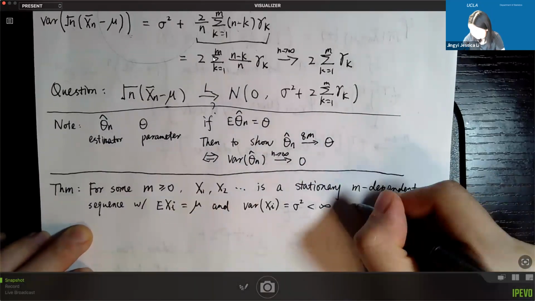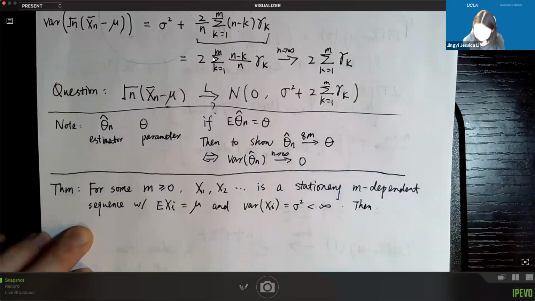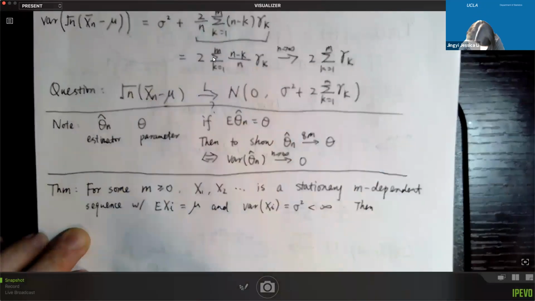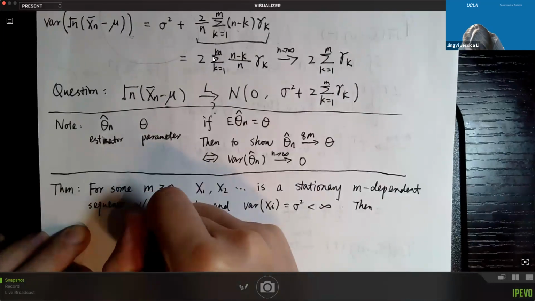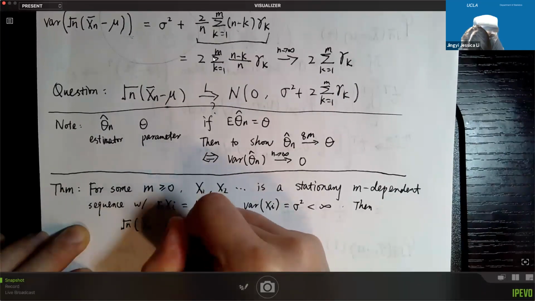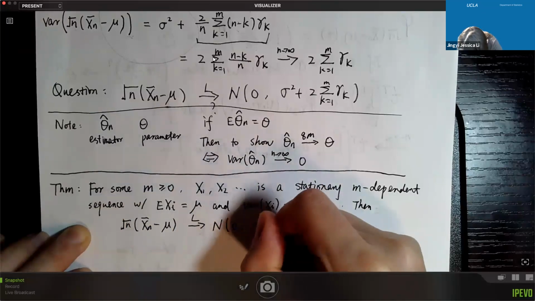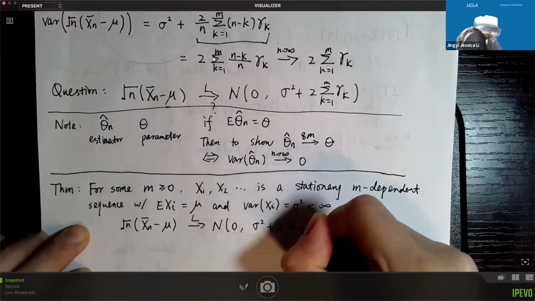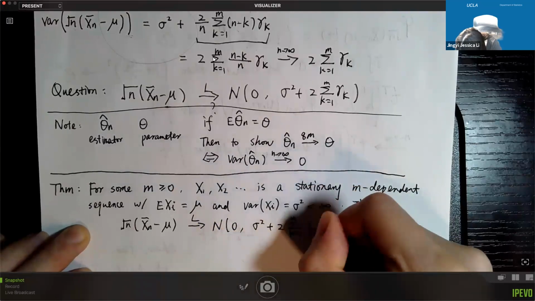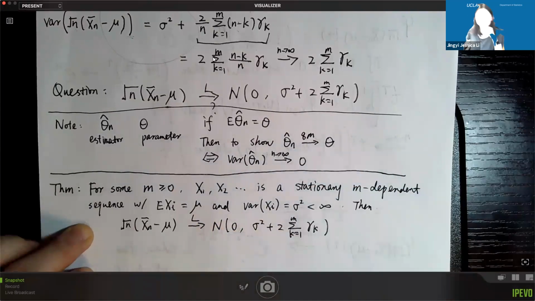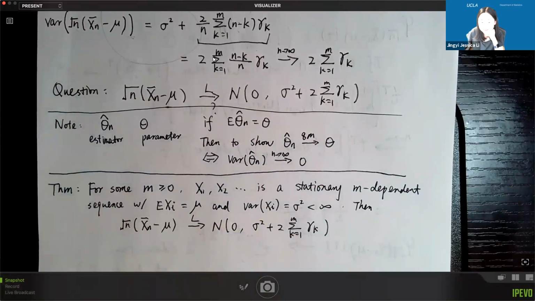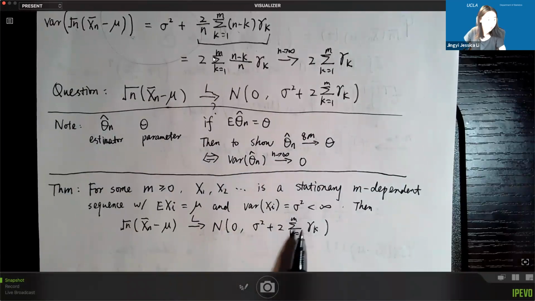Then we have this statement. I'm going to copy it once more. Xn bar minus mu converges in law to a normal distribution, zero mean, and variance. That's it. Very simple and elegant conclusion. Compared to the central limit theorem, we basically only have this additional term that is due to the covariance structure, right?